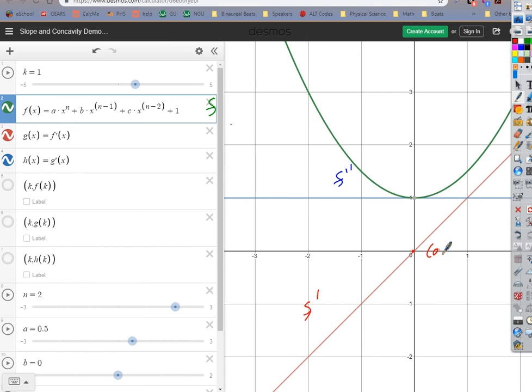This is the point 0, 0, and the slope of the graph is 0. All that tells us is that we have to have a horizontal tangent here. The whole thing could be slid up anywhere we want to or slid down anywhere we want to. You get that? Okay? That's an important point that we'll come back to again in Unit 4, and we'll talk about in a lot more detail. Okay? All right.